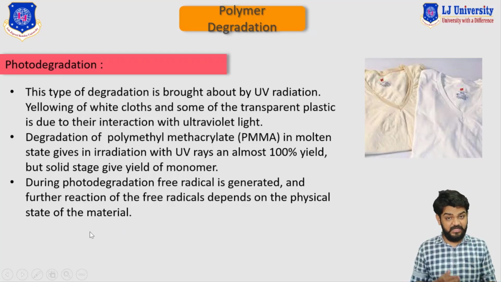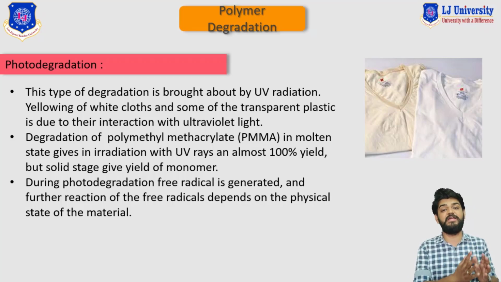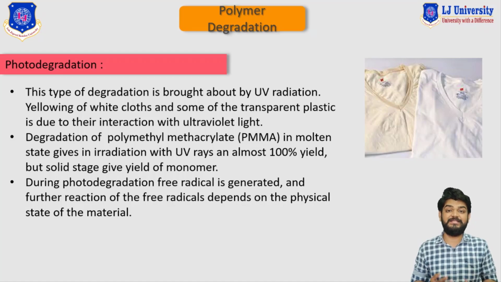So the further degradation after the free radical is formed is purely dependent on the physical state of the polymer. As we have already discussed, if the polymer is in a molten form, then it will follow one type of degradation. If the polymer is in a solid state, then it will follow another type of degradation process. So based on the physical state of the polymer, this degradation can be of different types.